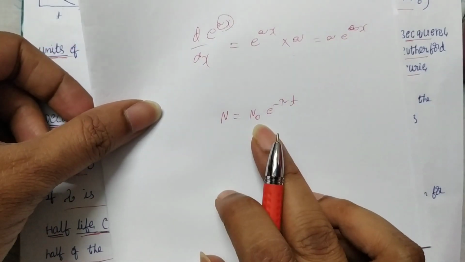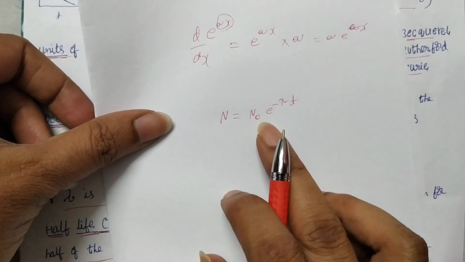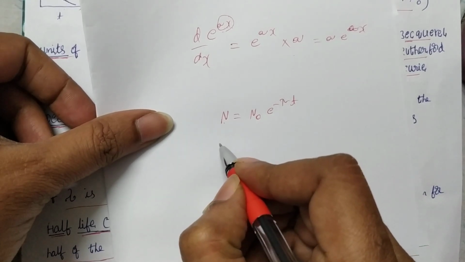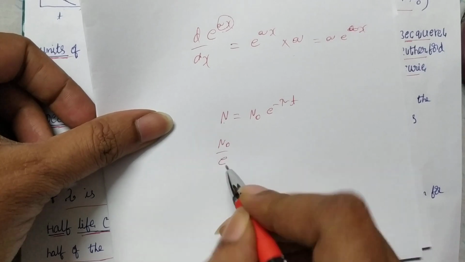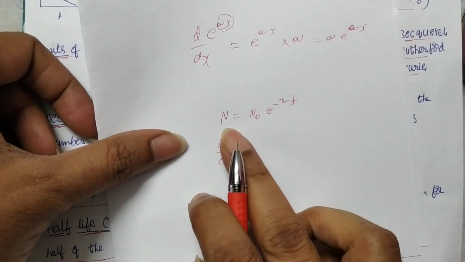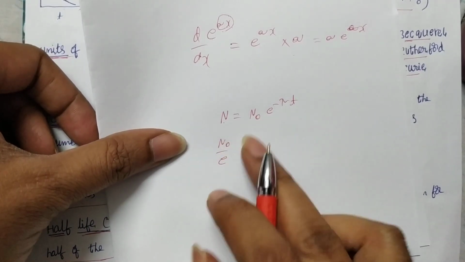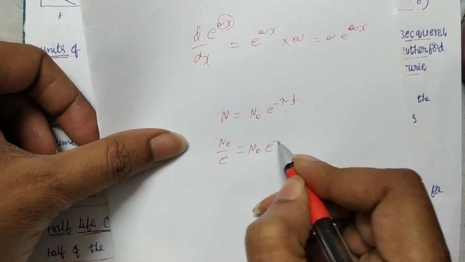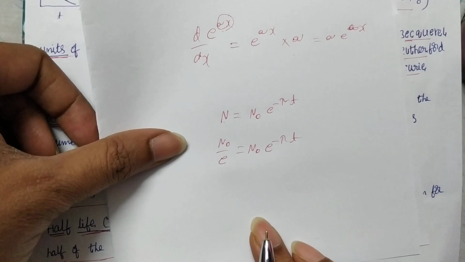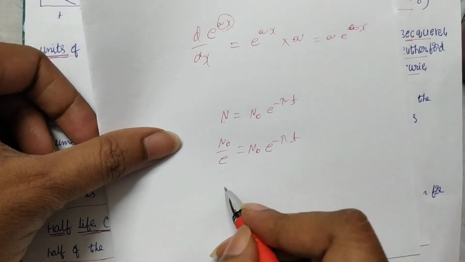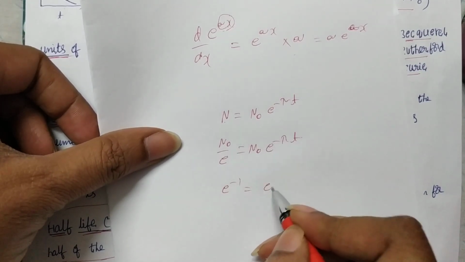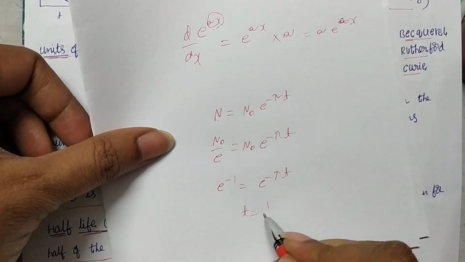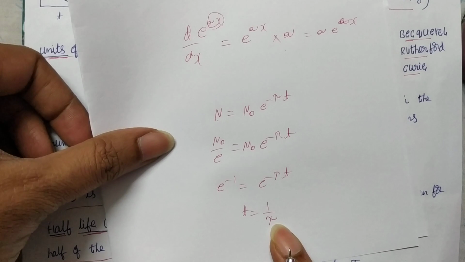After how much time does this number become 1 by e times? Suppose N is equal to N naught by e, which equals N naught into e power minus lambda t. So N naught gets cancelled. E power minus 1 is equal to e power minus lambda t. So t is equal to 1 by lambda, no? T is equal to 1 by lambda.